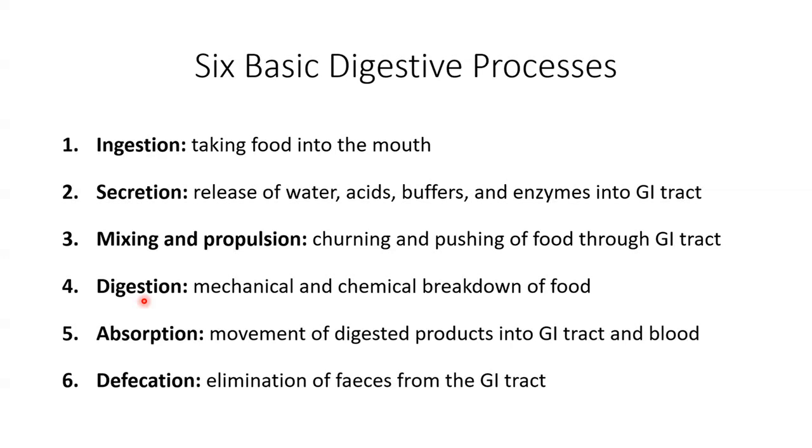In chemical digestion, those larger food molecules are split into smaller molecules so that we can actually absorb them into the bloodstream. And this process is catalyzed by digestive enzymes that are secreted by our salivary glands, glands of the stomach, our pancreas, and cells in our small intestine.